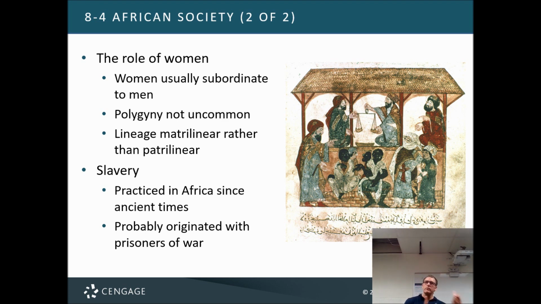If I can distinguish African slavery from chattel-based slavery in pre-Civil War United States, I think the biggest difference is that it's not racially based. The practice of slavery in Africa was primarily based around conquest and war and capture, and slavery was not a lifetime identity.